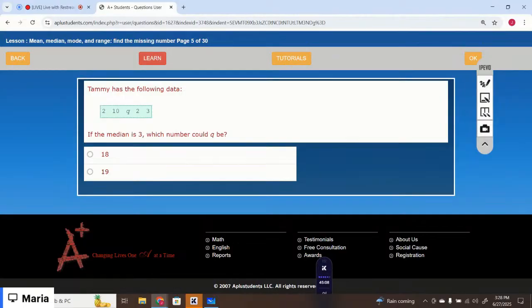Consider the following data. If the median is 3, what number could Q be? Median is 3. That means 3 is in the middle. Before 3, you have all the numbers that are less than 3.